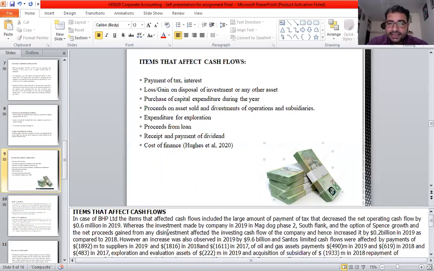So in case of BHP Limited, the items that affected the cash flow included a large amount of tax payments that decreased the net operating cash flow by 0.6 million in 2019, whereas the investment made by the company in 2019 in MacDoc Phase 2, South Flank, and the option of Spence growth, the net proceeds gain from any disinvestment affected the investing cash flow of the company and hence increased it by 0.2 billion in 2019 compared to 2018.